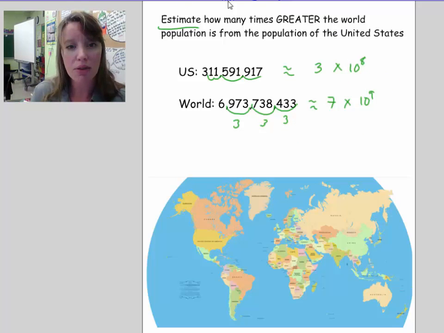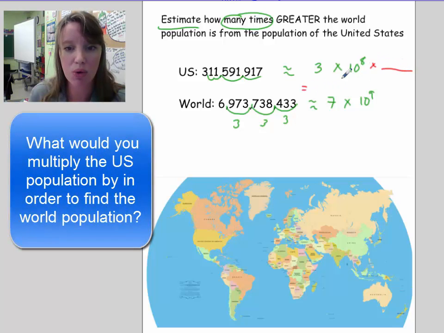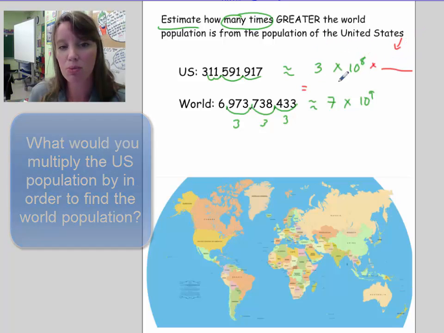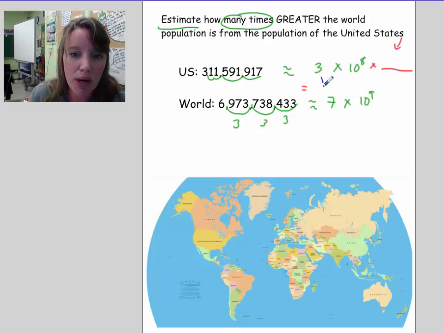Well, the question of how many times greater is what would you need to multiply the U.S. population by in order to equal the world population. So I'm looking for the factor here that when multiplied by the U.S. population, I get the world population. So let's think of it this way. What would I multiply 3 by in order to get to 7?